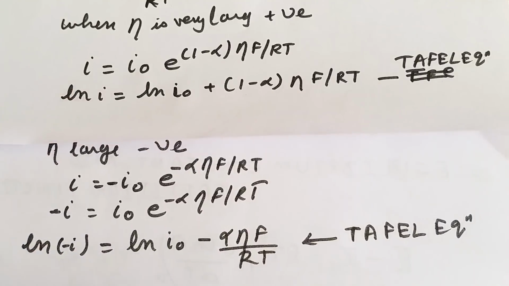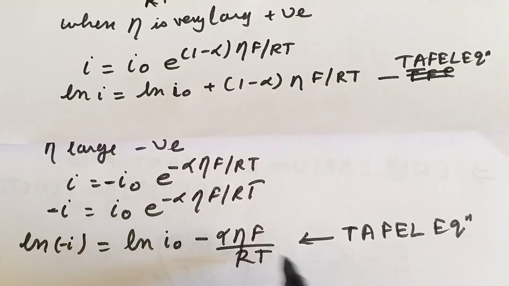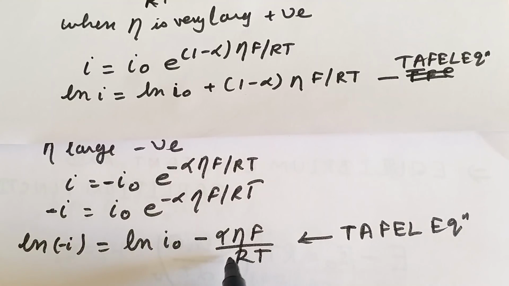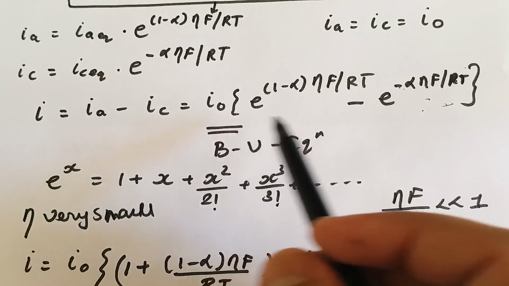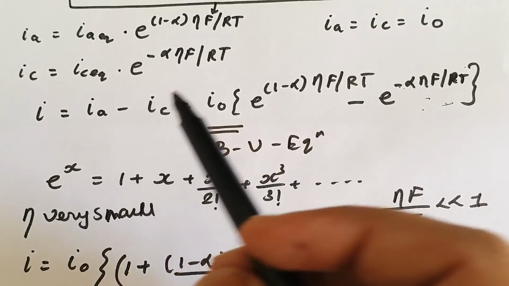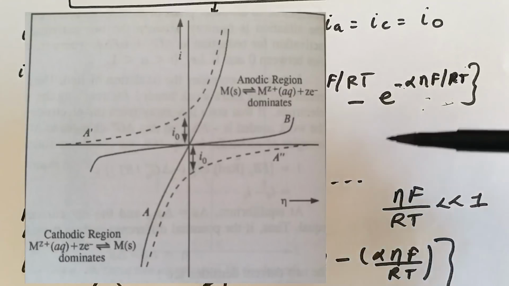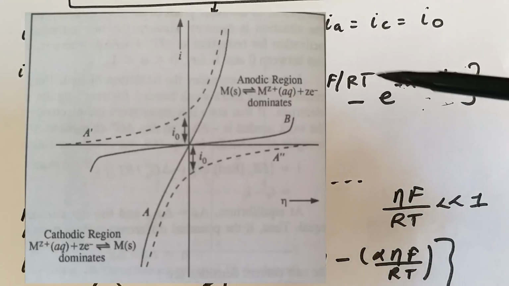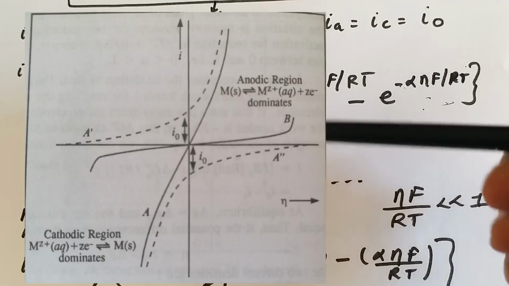Okay, and when we plot a graph of the current density I versus the overpotential η in the Butler-Volmer equation, that is for this particular representation, then you can see in this diagram we will get a diagram of this particular manner. Here we have considered two markings.